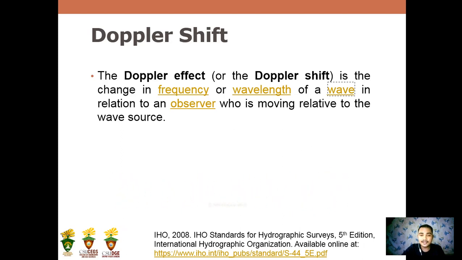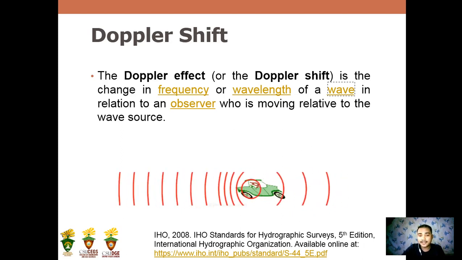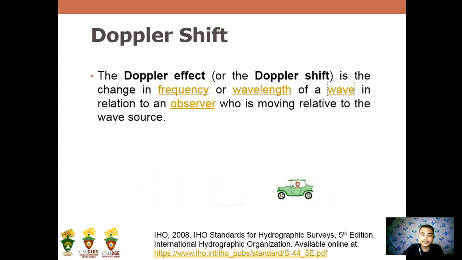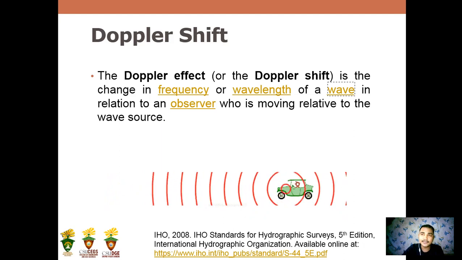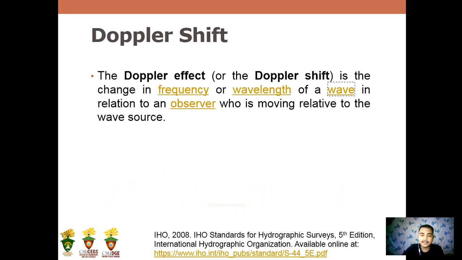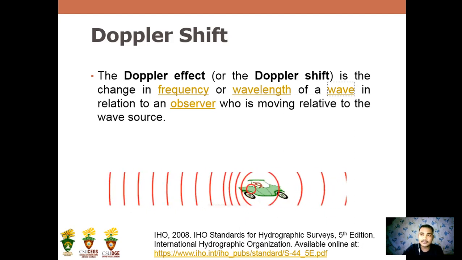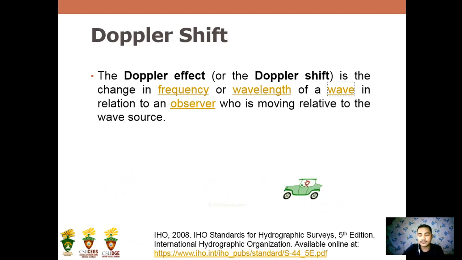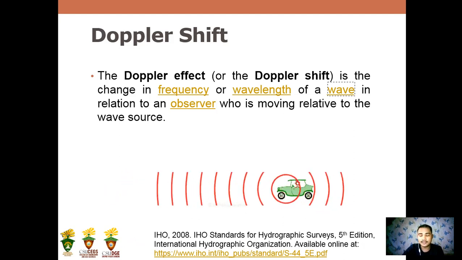The same applies in bathymetry. So our transducer should be wide enough to accommodate those Doppler shifts. For example, if there are external forces like the current in the water, your transducer will not be vertical because there is a strong force underwater.